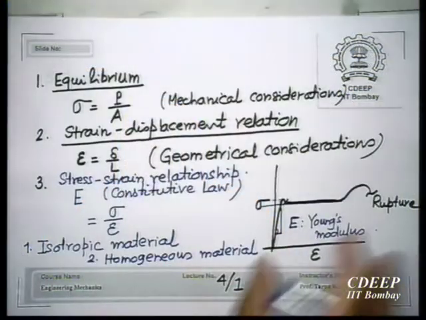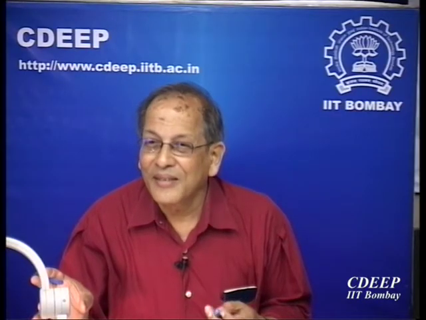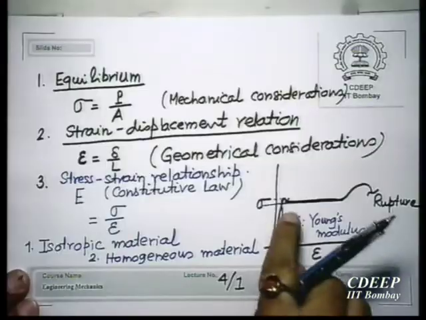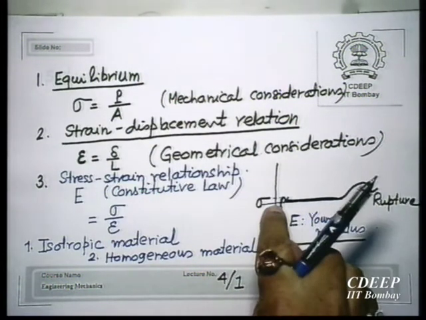And this property wherein the material can take a lot of deformation at constant load is called what? This phenomenon or property wherein the material does not fail, but undergoes a lot of deformation at constant load, at constant stress.